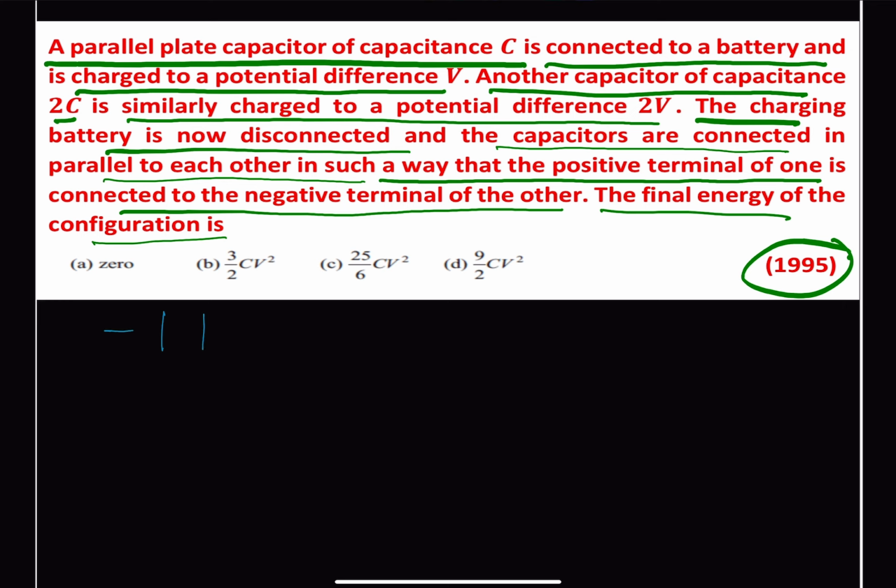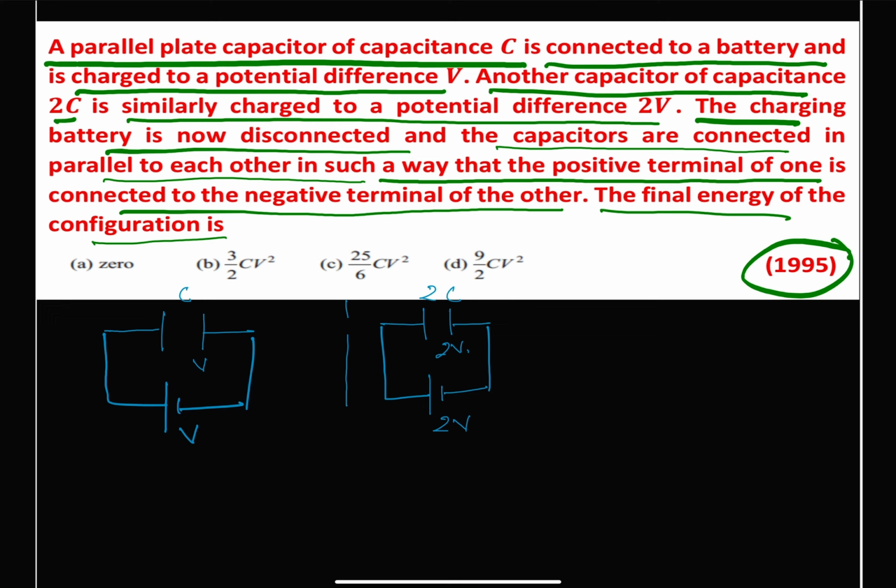This is the first capacitor having capacitance of C and it is charged to a potential difference of V. So the supply voltage we can assume is V. In the second case, we have a capacitor which is 2C and it is charged to a potential difference of 2V.